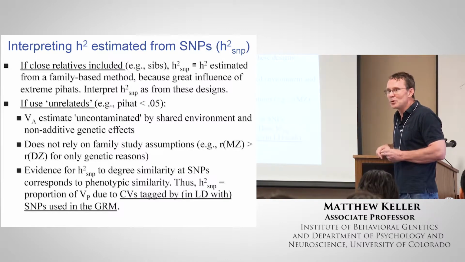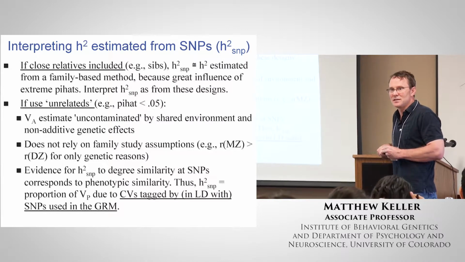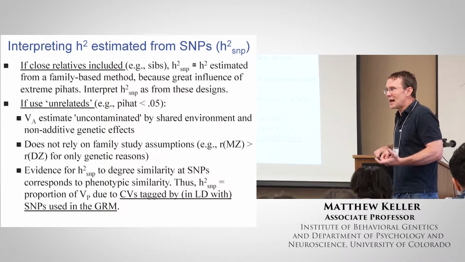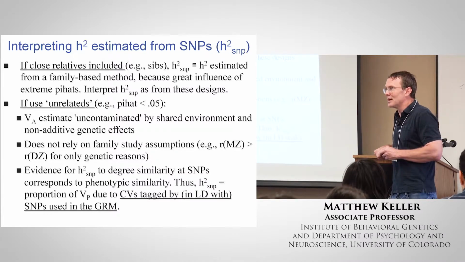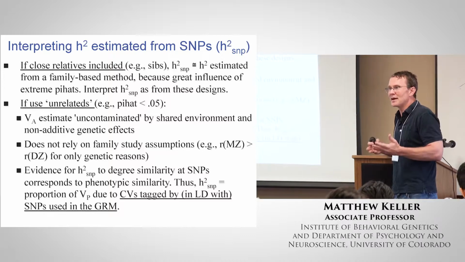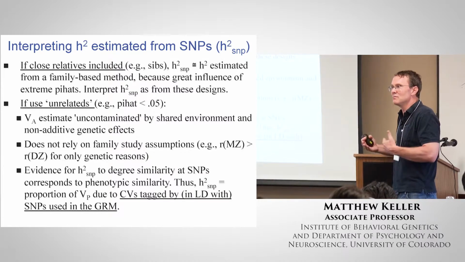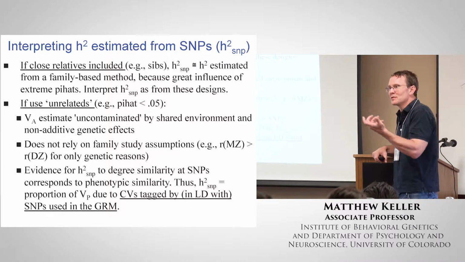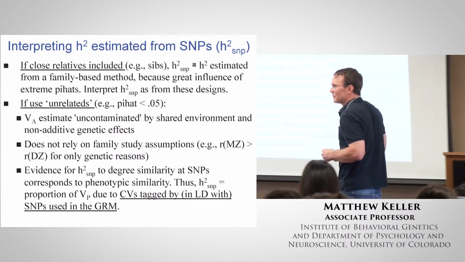So it's typical that people do these studies on an ancestrally homogeneous sample. And even at that, people will typically control for 5 or 10 principal components to remove any phenotypic similarity that's correlated with that basic ancestry.